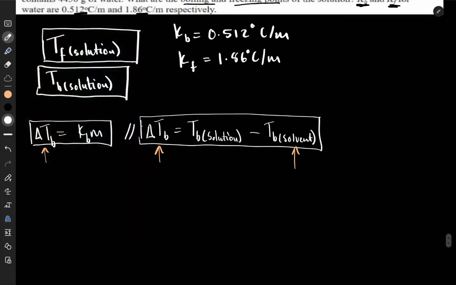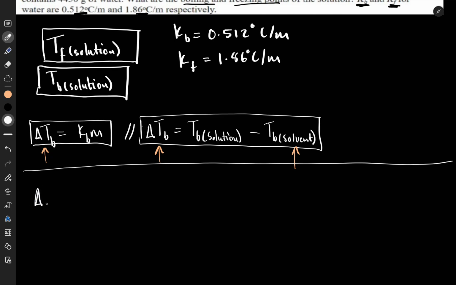First thing you write is that delta TB is equal to KBm, right? You can now say delta T boiling is equal to, the K for boiling is 0.512 degrees Celsius per meter, multiplying the molality.